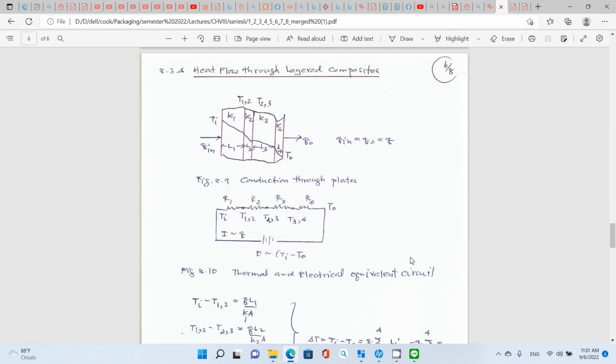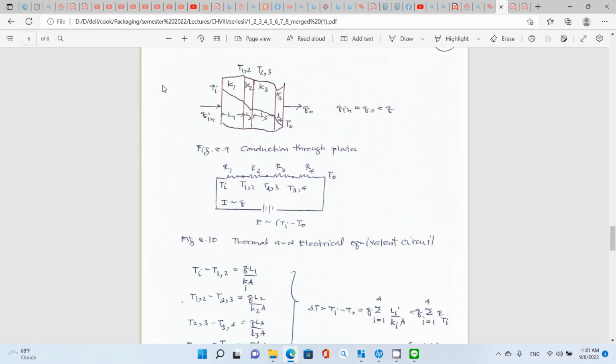Now our next topic, heat flow through layered composites. In these cases, you have different materials connected in series. You have four different materials, and the leftmost temperature is Ti, and the rightmost temperature is T0, or you can say room temperature.